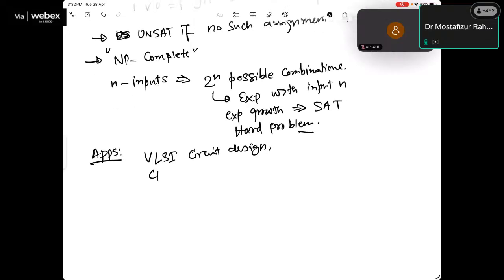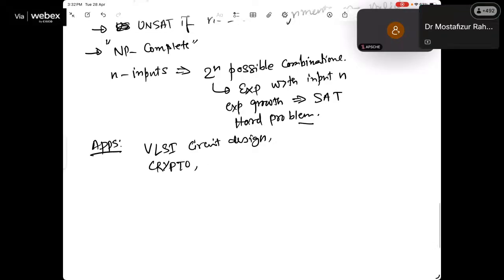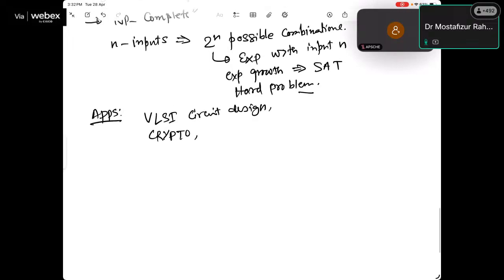It is also used in cryptography, to check certain ciphers and texts, and whether a particular combination can be broken or not, and in software testing, by giving the input and checking that the output is matching, logical checking in the software, right?